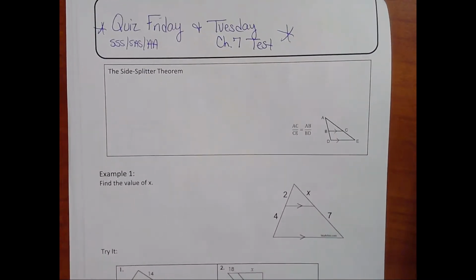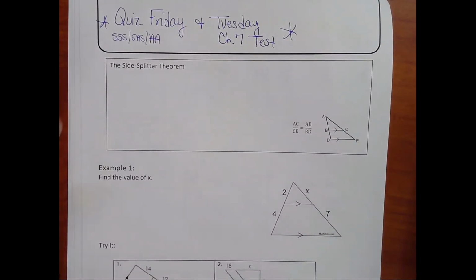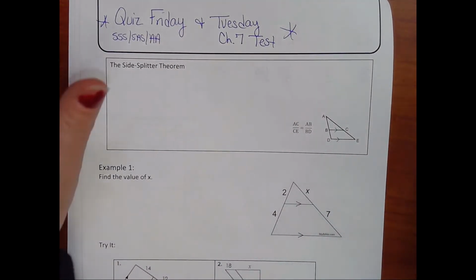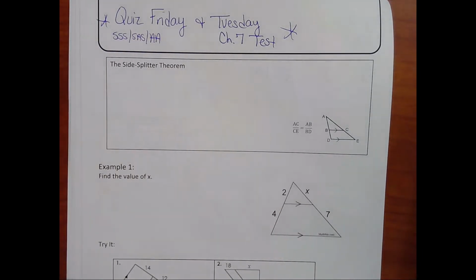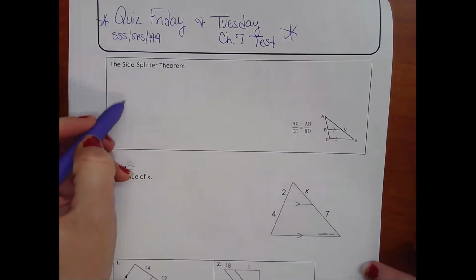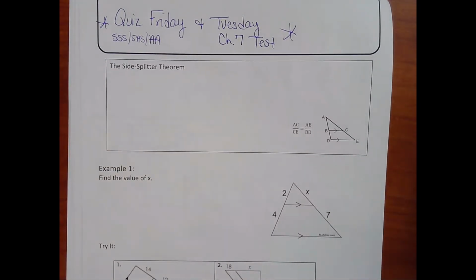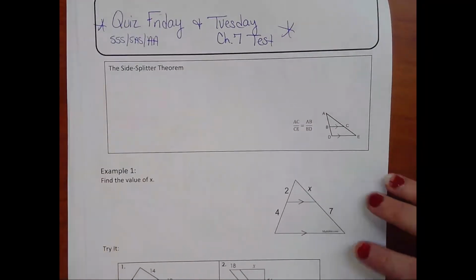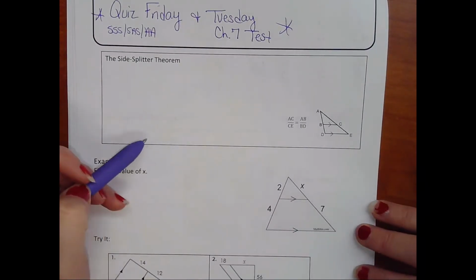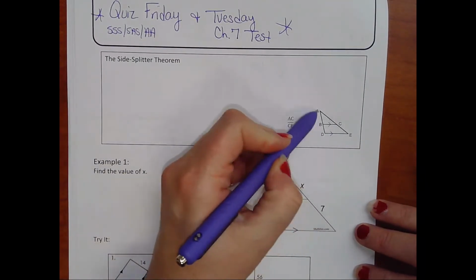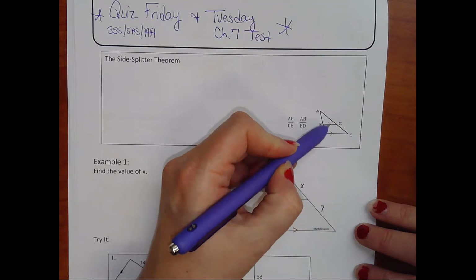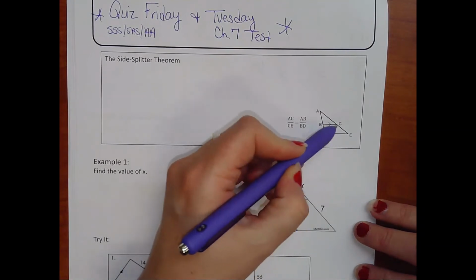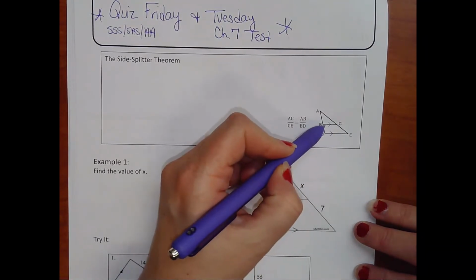There are 3 different theorems, but the main thing is if you stay consistent with how you set up your fractions, you cannot mess these up. So the side splitter theorem, I'm not even going to write this all out, I'm just going to talk you through it. What the side splitter theorem says is that if you have a triangle and you have 2 parallel lines, this parallel line cuts your triangle into proportional pieces.